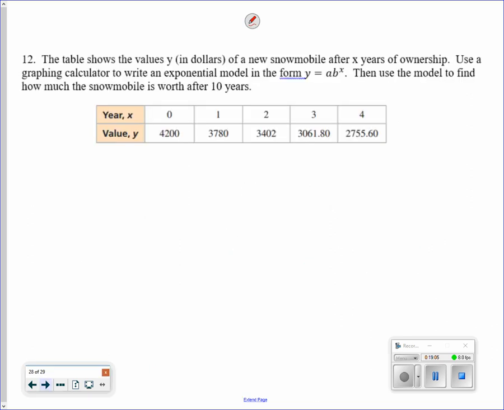And last but not least, this is entirely a calculator question. You're going to go to stats. You're going to enter it into stats, edit, put the numbers in for the x or L1, put numbers in for L2. You're going to ask the calculator to do an exponential regression to find a and b.